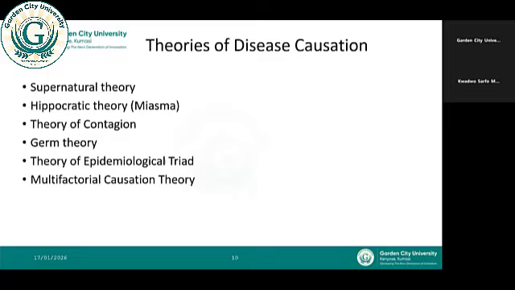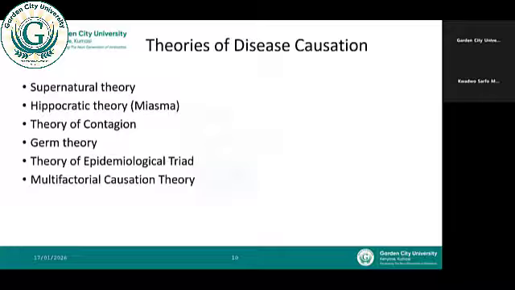So there were several theories, and some of these include the supernatural theory, beyond the natural. So it has to do with divine or godly processes that will bring about the diseases. Then we have the Hippocratic or the miasma theory, the theory of contagion, contact between persons. Then the germ theory. Then the theory of epidemiological triad.